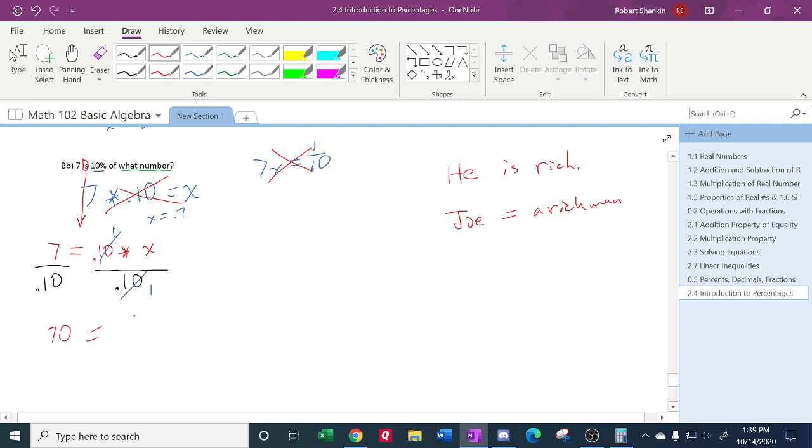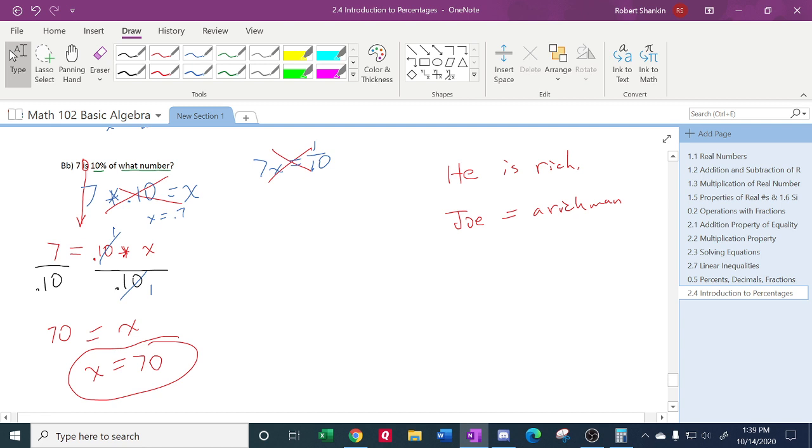And the 1 times x is x, and we turn it around, x is equal to 70. So the answer is 70. 7 is 10% of what number? 70. Right there. Any questions on part B?